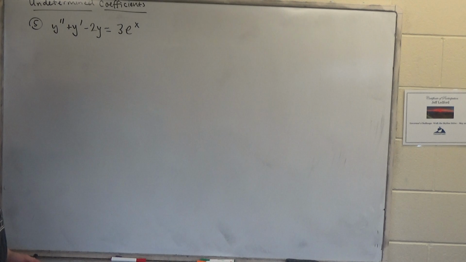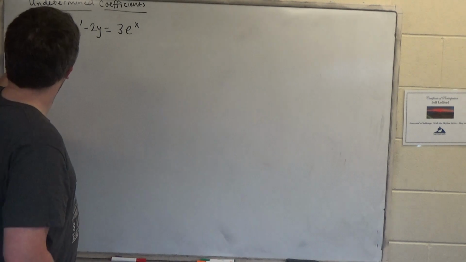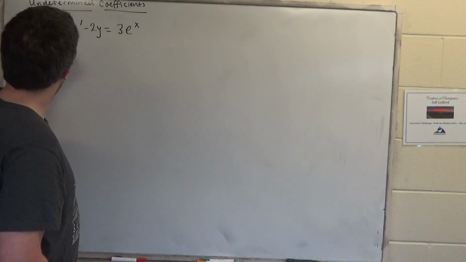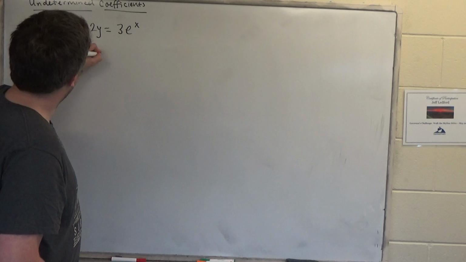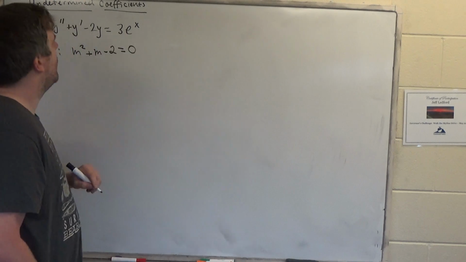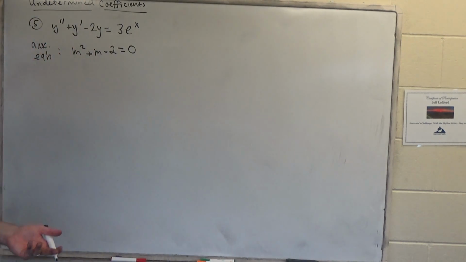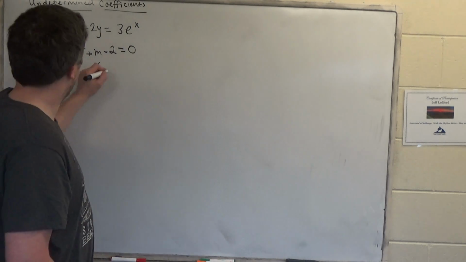Okay. The first thing that we do is use the auxiliary equation to find the homogeneous solution. m squared plus m minus 2 equals 0. We could use the quadratic formula if we wanted, but I believe this one factors.